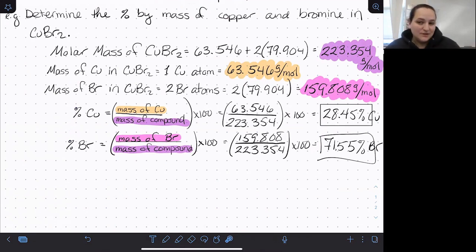Sometimes you're really only interested in the percentage of one element, like what is the percent of bromine in this thing. That might be the data that you have available to you to match up. So I did it out the long way, but that's a shortcut that you can use sometimes when you're down to the last one. The rest of it must be that element, and it's all got to add up to 100. So either way works just fine.